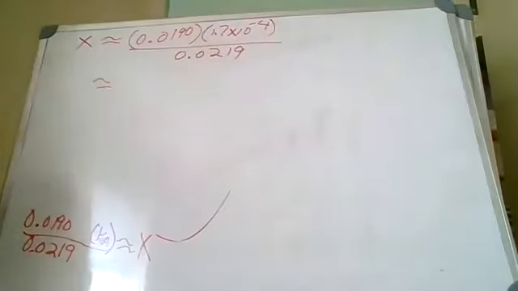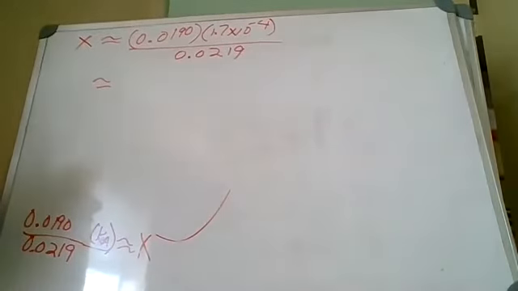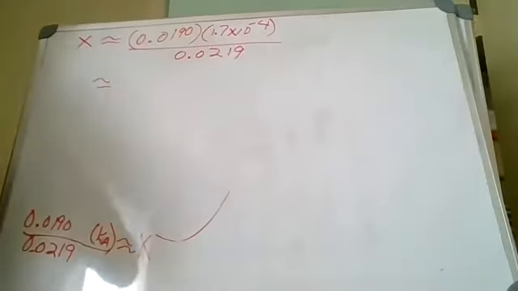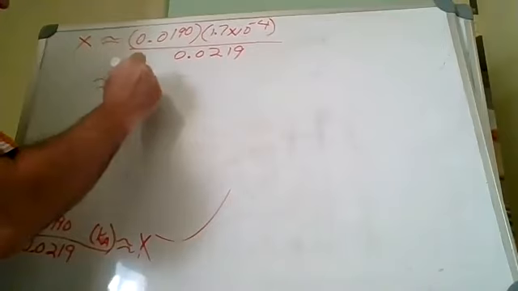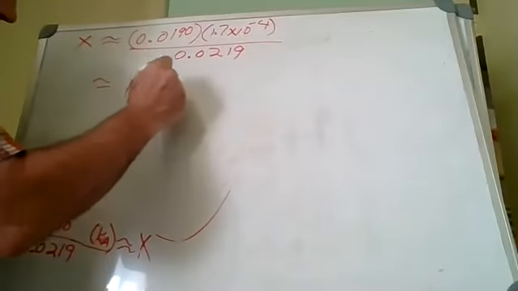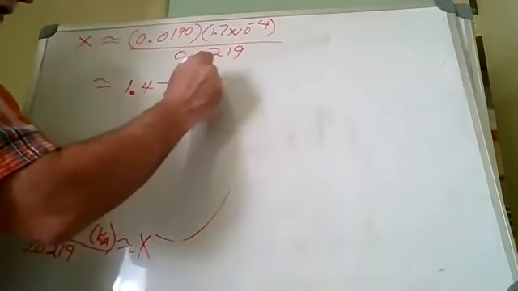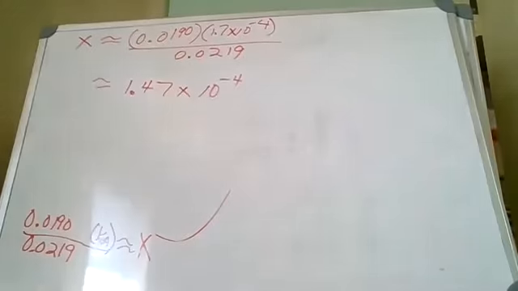Okay, so let's go ahead and calculate this out. 0.019 times 1.7 times 10 to the negative fourth, divided by 0.0219 equals, and in scientific notation, I'm going to get 7 times 10 to the negative fourth. So that is X.